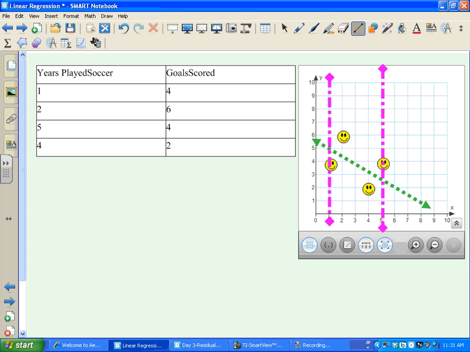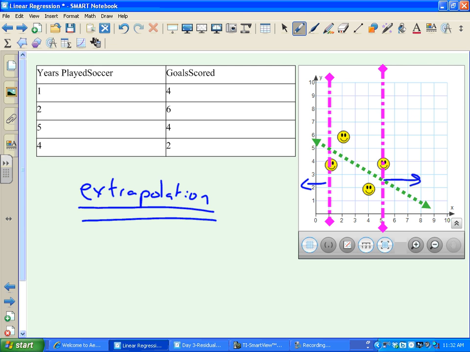Anytime you make a prediction outside of those boundaries, in either direction, it's called extrapolation. And if you make a prediction outside of your boundaries of your data, you need to say something like this.